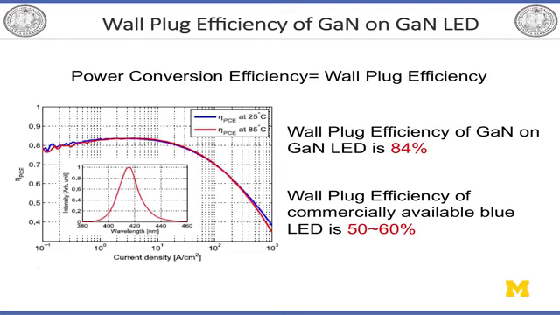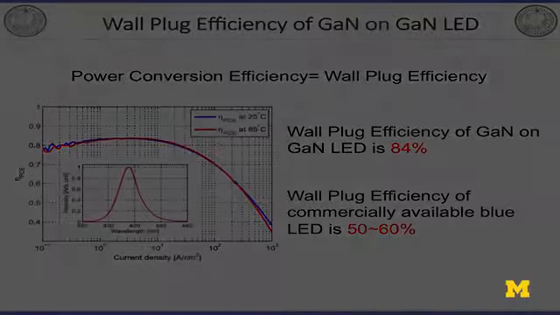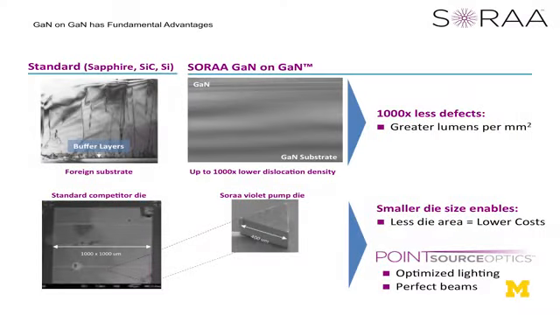And the wall plug efficiency of blue LEDs, now commercially available LEDs, is about 60%. So 20% higher. This is the comparison of the GaN-on-GaN LEDs with no crystal defects against the first generation, with a lot of crystal defects, because those LEDs are grown on sapphire substrate. And the chip shape is rectangular, but we use a triangular shape.